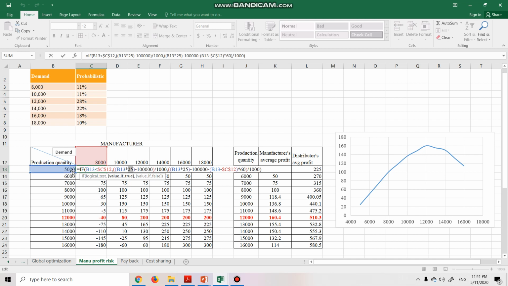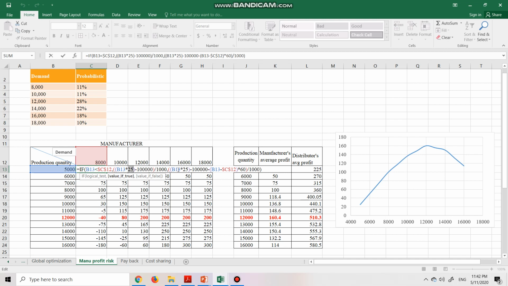And in the case where the production quantity is larger than the demand, what will happen? So they will have extra products. So they will have some products that are unsold. So how to calculate the profit in this case?